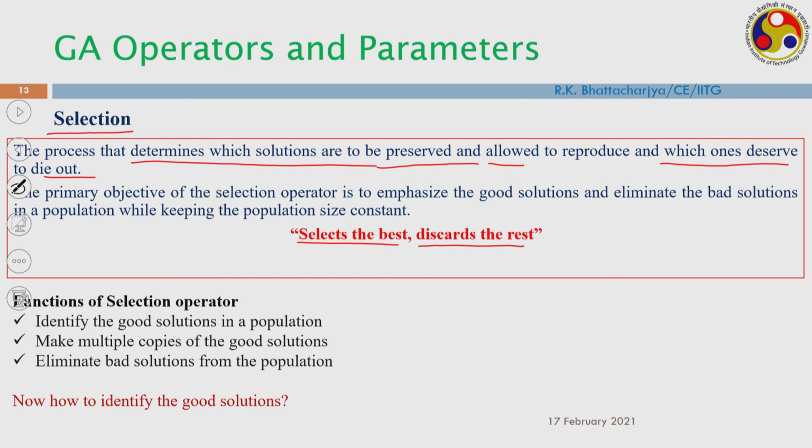Now, what is the function of this operator? The first function is to identify the good solutions in a population. The second is to make multiple copies of the good solutions.